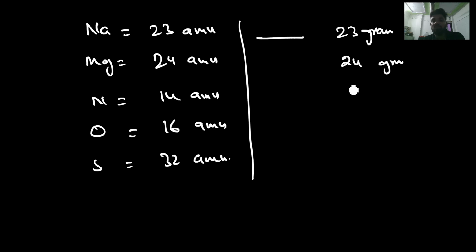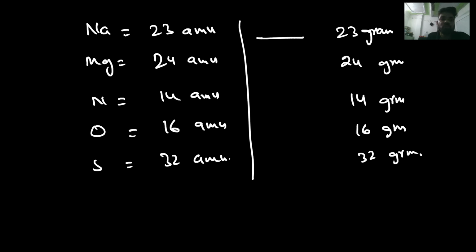How many nitrogen atoms would there be in 14 grams of nitrogen, how many oxygen atoms in 16 grams of oxygen, how many sulfur atoms in 32 grams of sulfur? The scientists were very eager, so they started calculating how many atoms there would be.